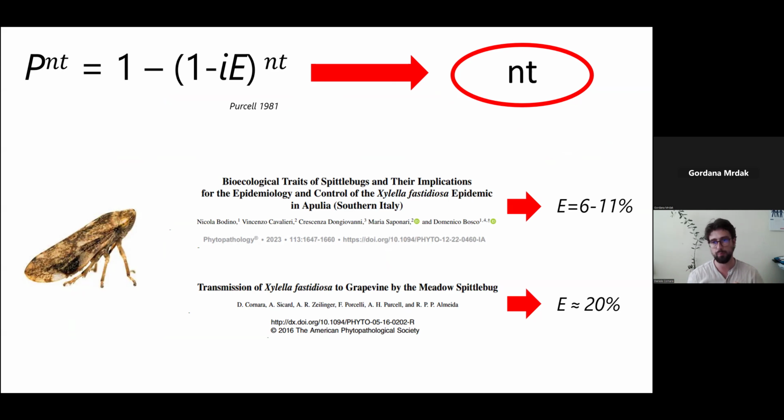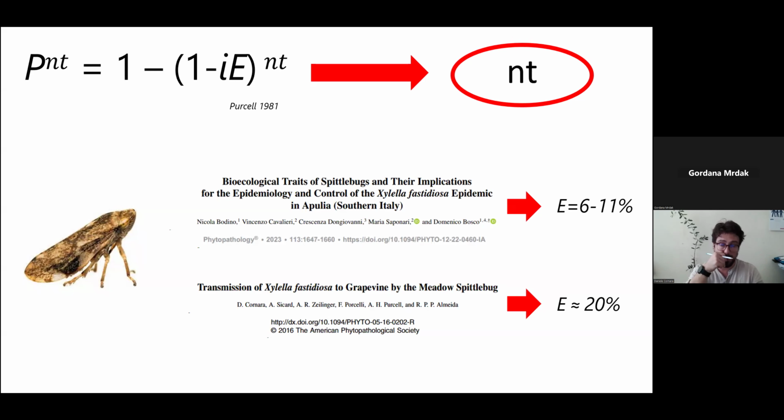If we look, for example, at the transmission efficiency of Xylella exhibited by the blue-green sharpshooter in California from grape to grape, it's more than 90%. If we look at the transmission efficiency displayed by our main vector, Philaenus spumarius, from grape to grape, it's around 15 to 20% in 24 hours.